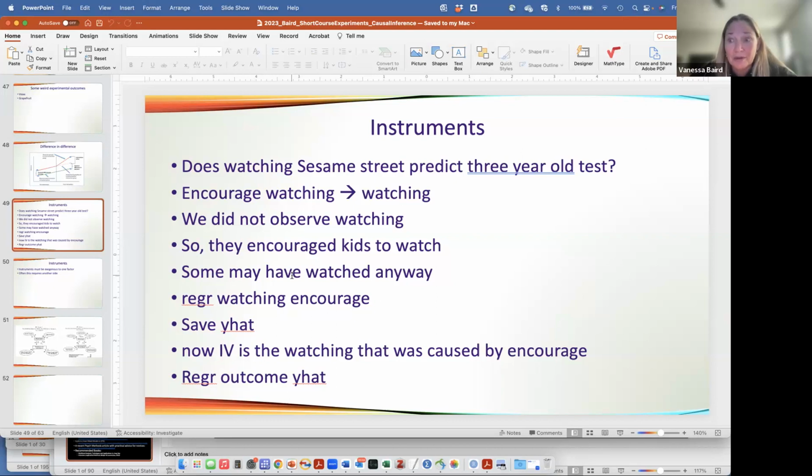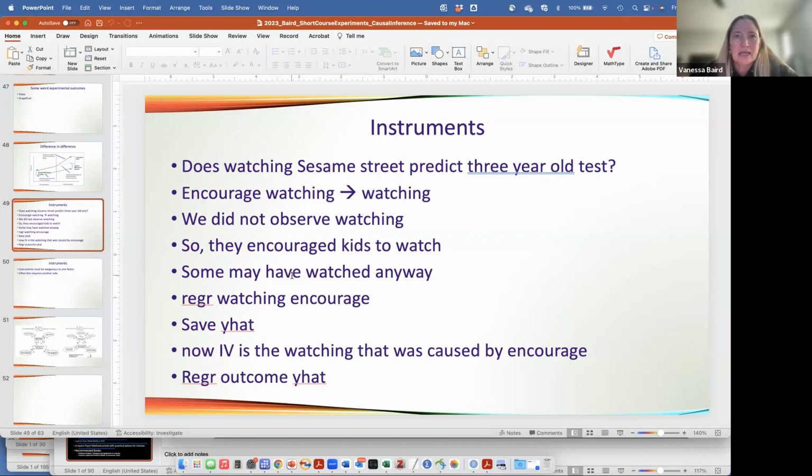They don't know if Sesame Street actually was happening, and they can ask, which they did. But the most important thing that they don't know is, would the parent have had the kid watch Sesame Street without the suggestion, right?